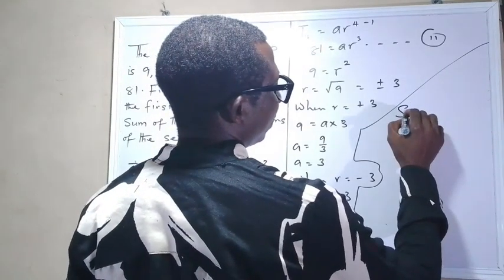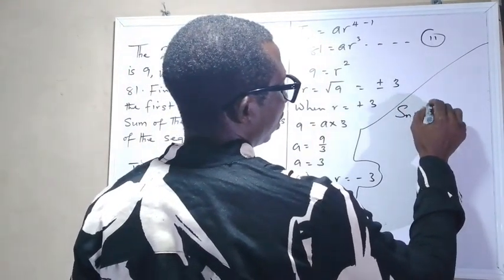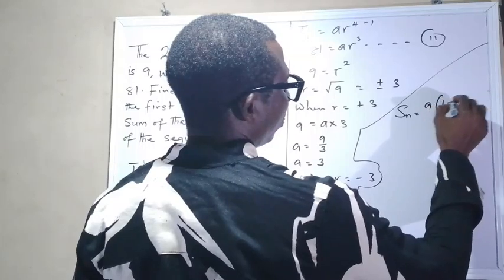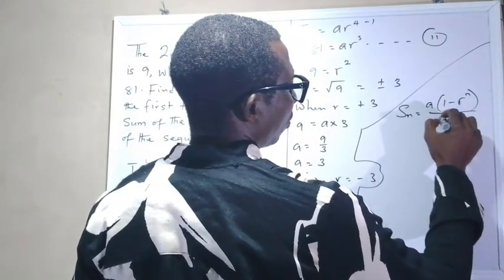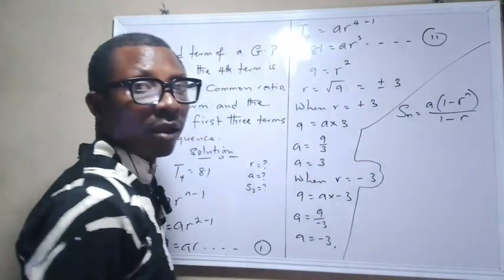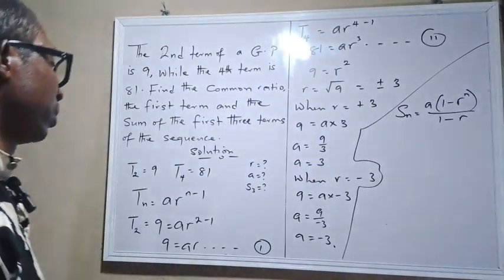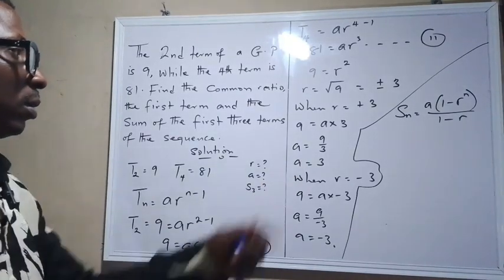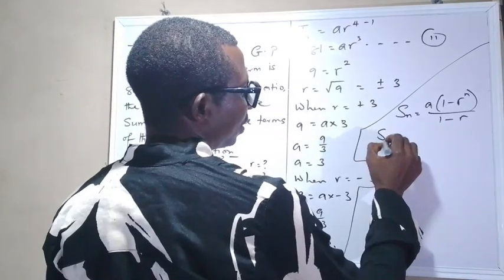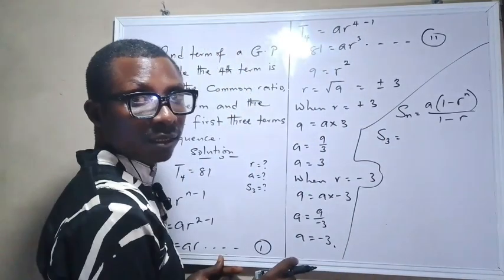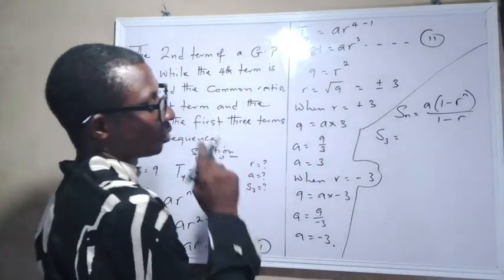That's Sn equals A open bracket 1 minus R raised to the power of n, over 1 minus R. Right? So we can now do this. So we have S3, that is the sum of the first three terms.